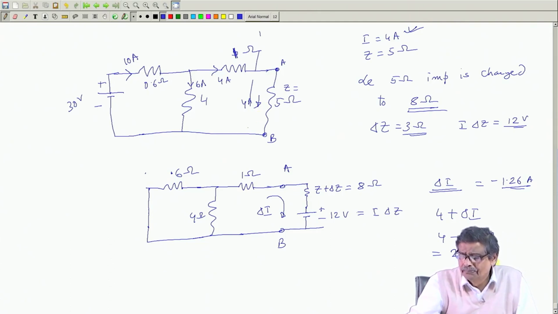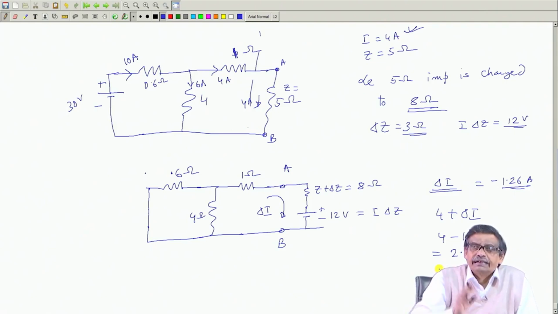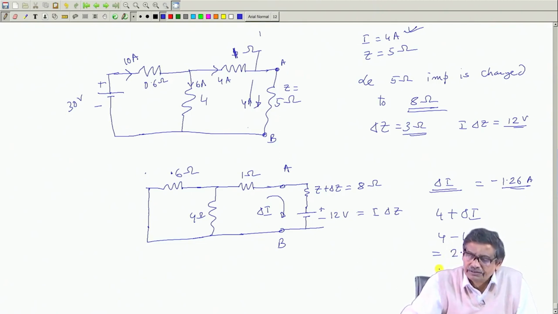So, it is a nice way of thinking about this. Suppose a big network is there, a very big network, and I change only one branch impedance. Then better try to solve for delta I, then add it to the previous current, which was solved once, and get the answer. Thank you.